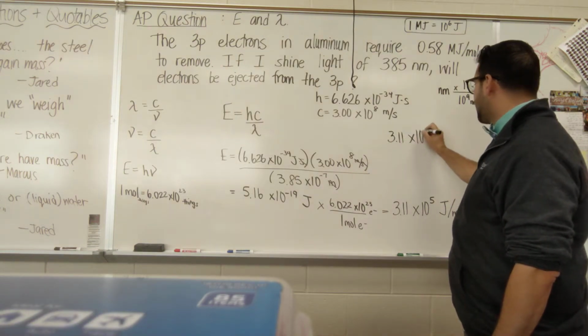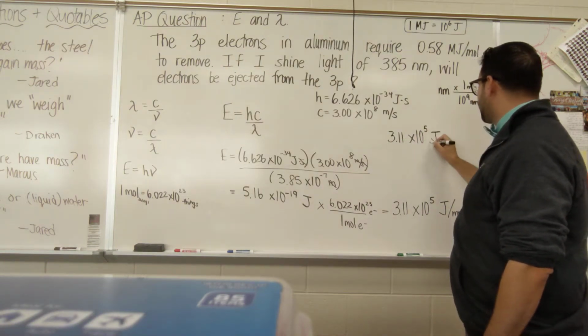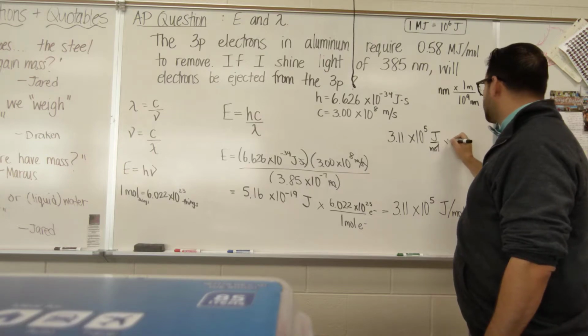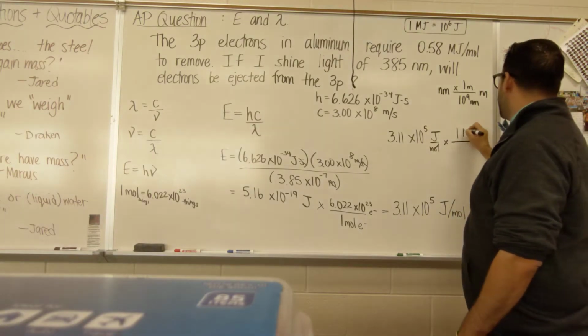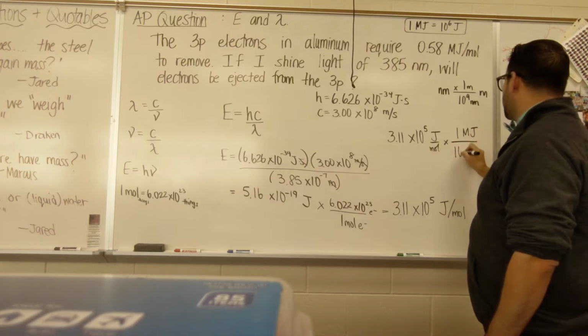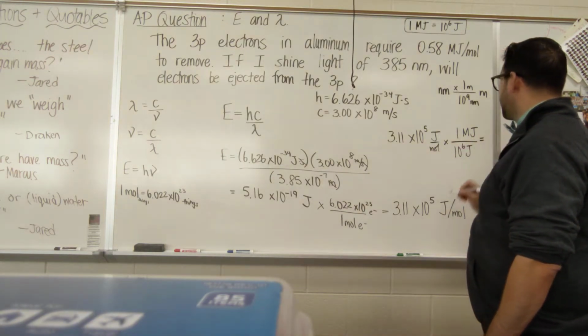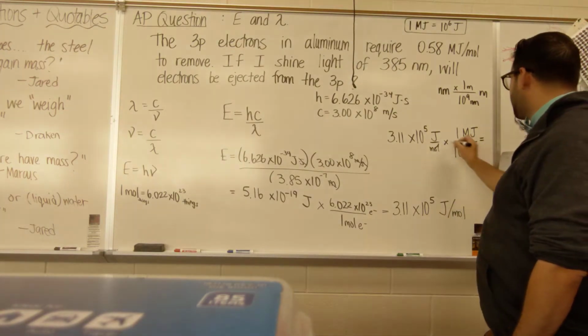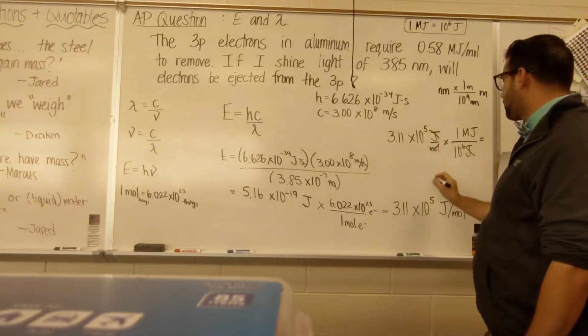3.11 times 10 to the 5th joules per mole times 1 megajoule is 10 to the 6th joule. And the joules will cancel out, and I'll be left with megajoules per mole.